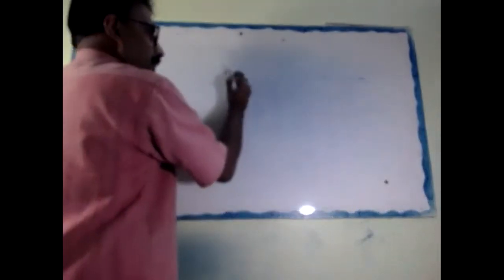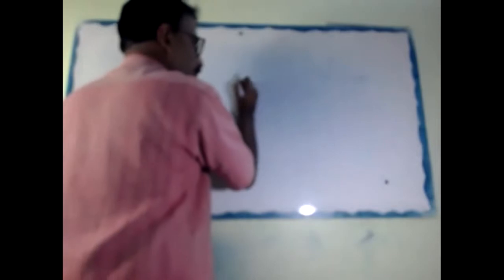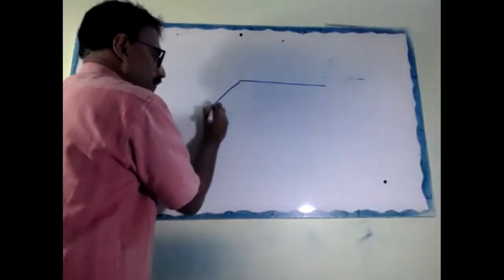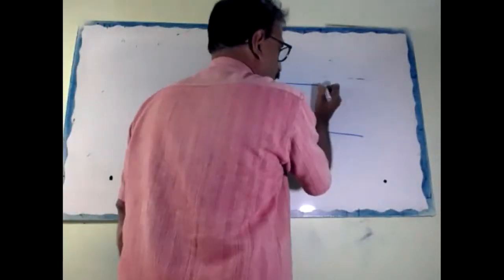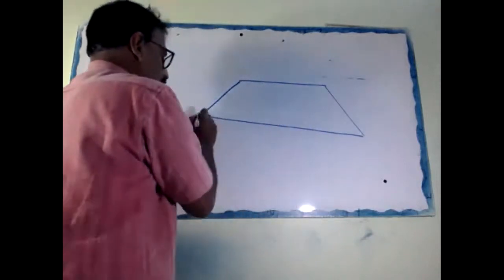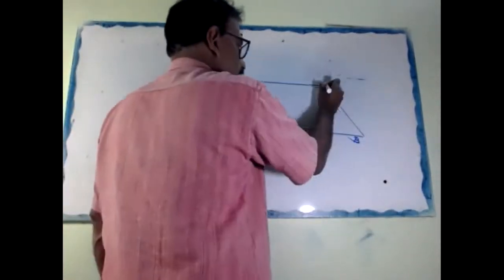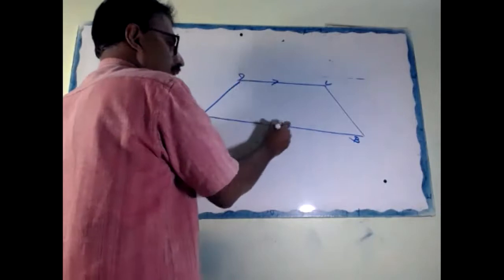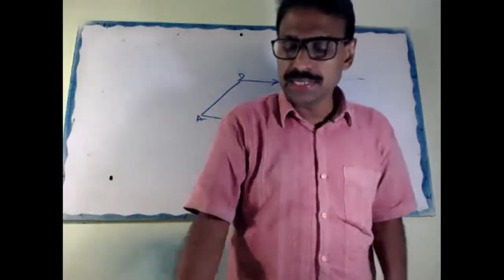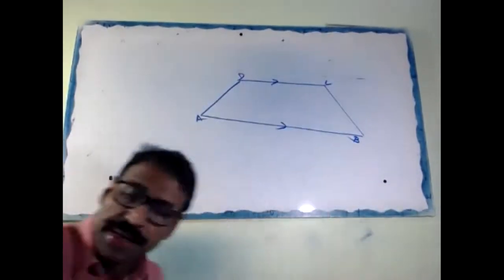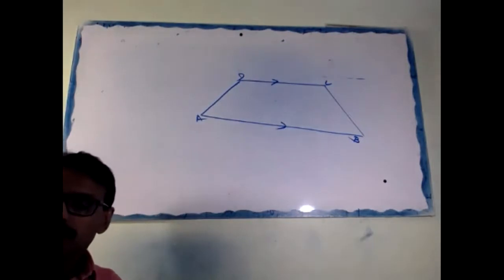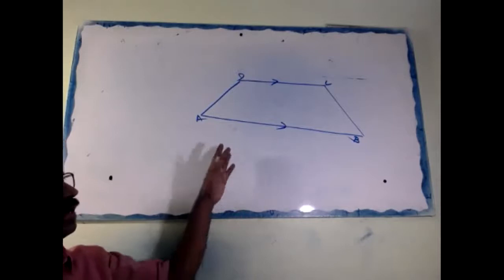The first one, in a quadrilateral, one pair is parallel, like this. One pair is parallel, it is called a trapezium. Is it seen in nature, any figure like this in nature?